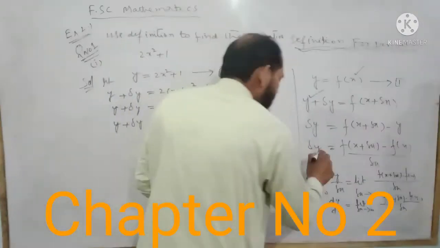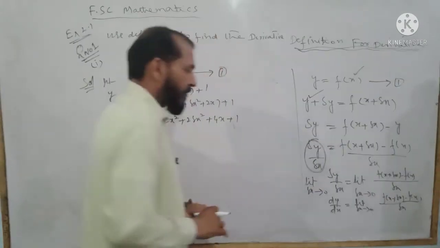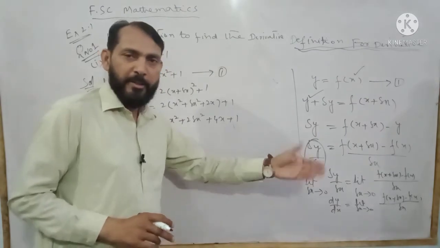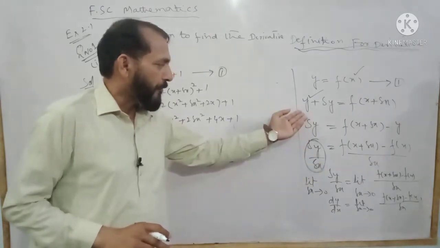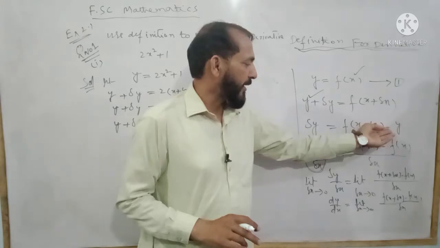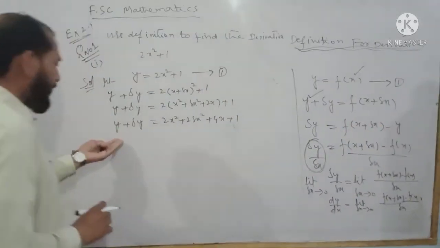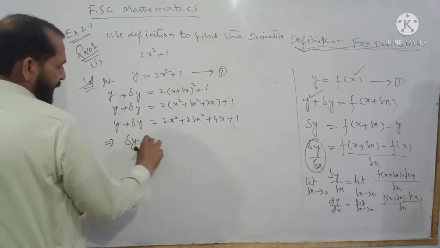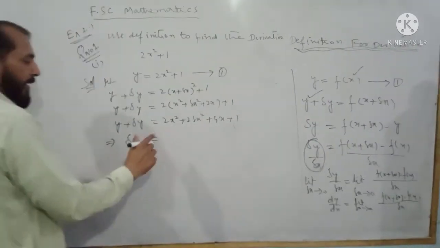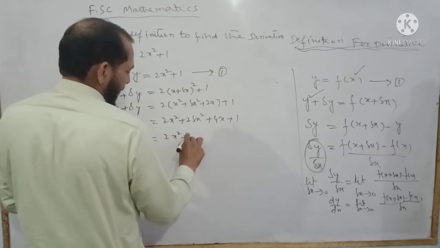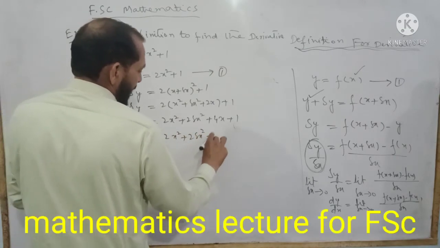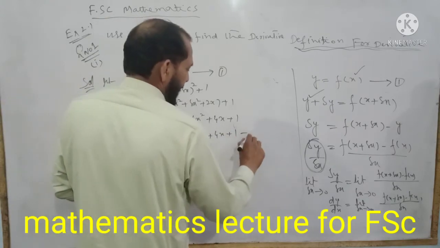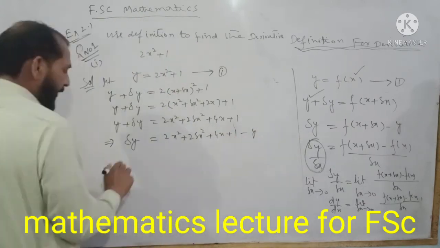We take the values on the left hand side in the form of del y over del x. So y can change to the other side, so the sign of y will be changed. Here it is positive, and when it goes to the right hand side it will be negative. Okay.